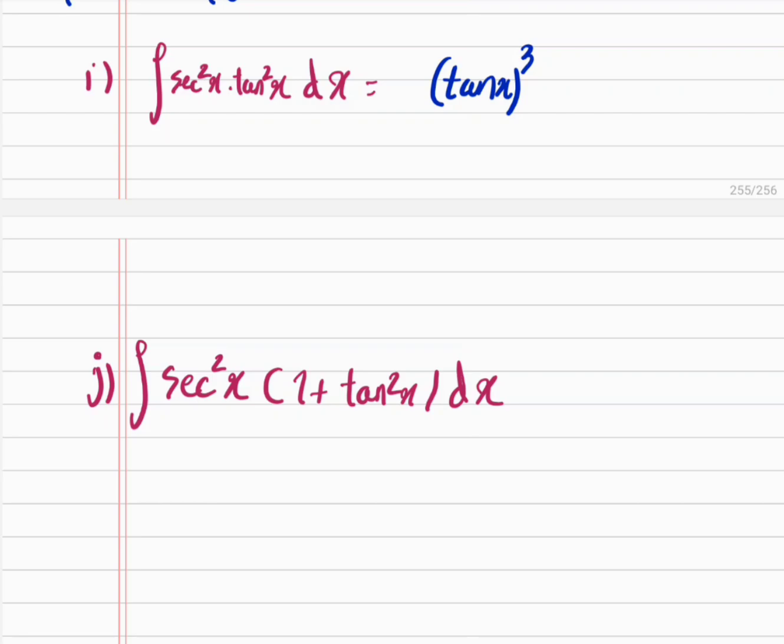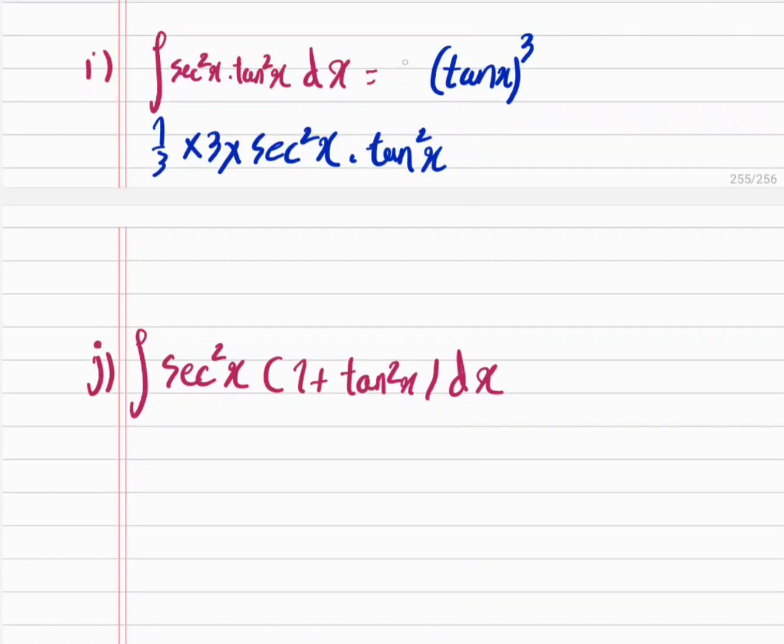If we differentiate, the power comes down, and then the inside, which is tan x, differentiates to sec squared x, and we're left with tan x squared. That's almost exactly what we have. We just need another constant of 1 over 3. So therefore the answer must be 1 over 3 tan x cubed.